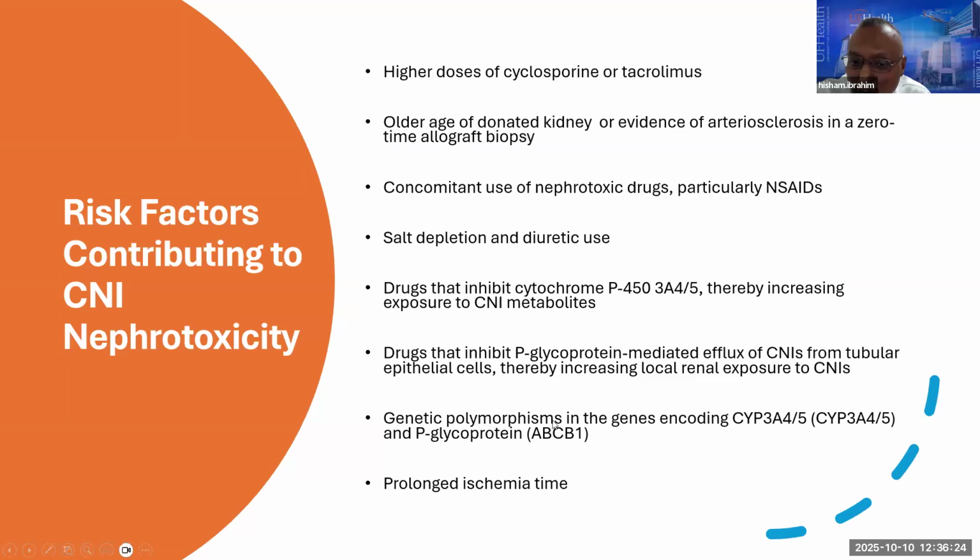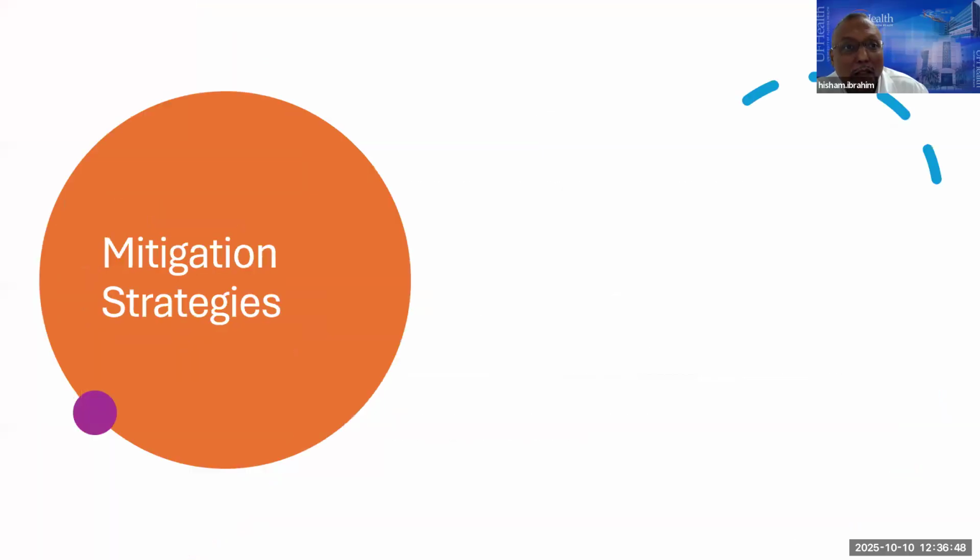These patients very commonly run into problems, and we usually have to switch them to a safer alternative like belatacept or an mTOR inhibitor. So these are the identified factors that can be worked on to try to mitigate chronic CNI toxicity in patients.